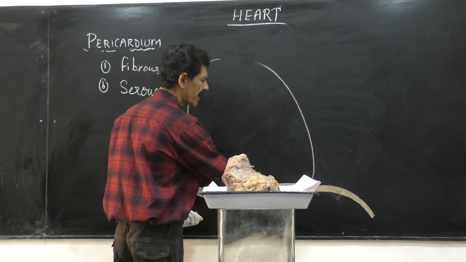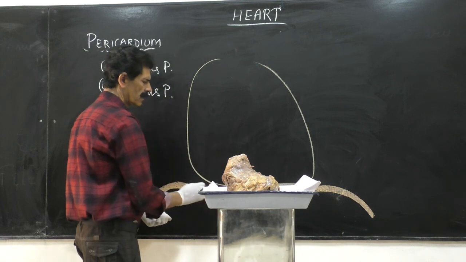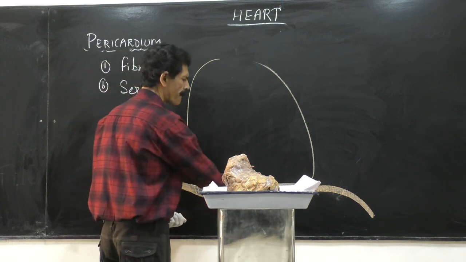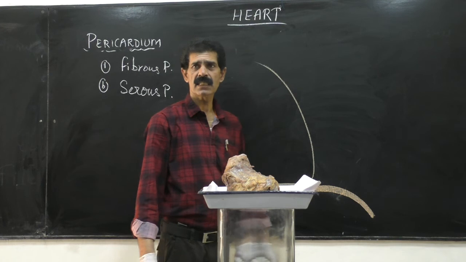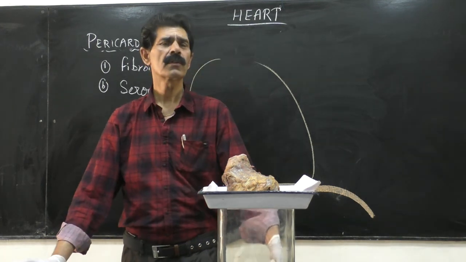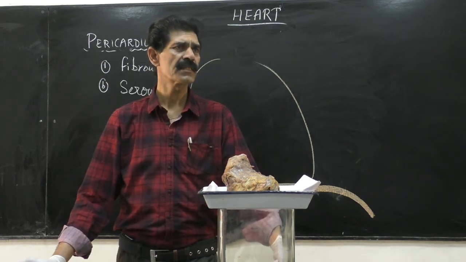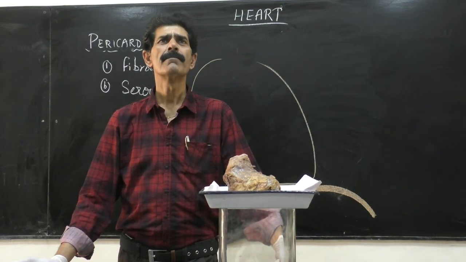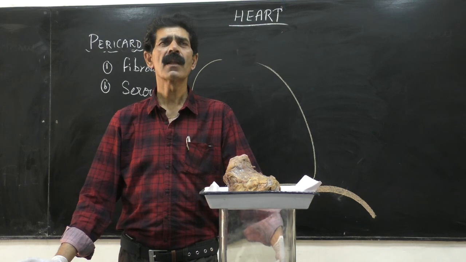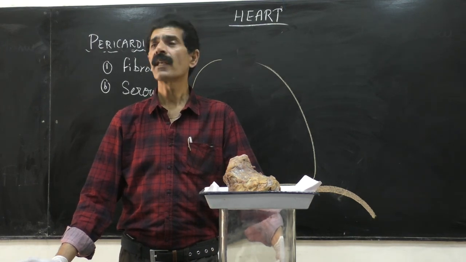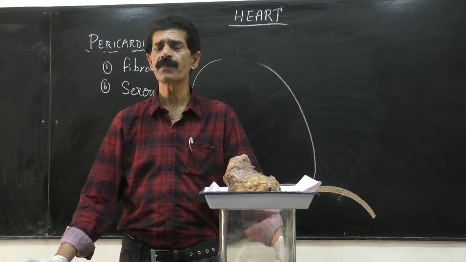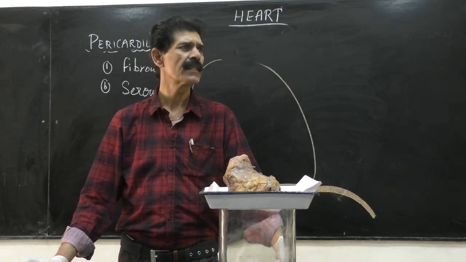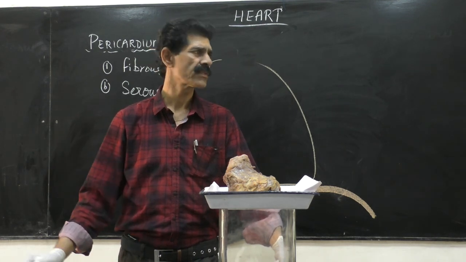Again, it is aponeurotic, sheet-like, devoid of muscles, only fibrous tissue, in a crisscross fibers fashion. So what is aponeurosis? General anatomy classes. Whenever the muscle or the tendon becomes paper-like, sheet-like, flat, it is called aponeurosis.